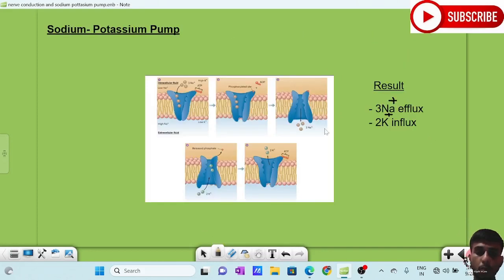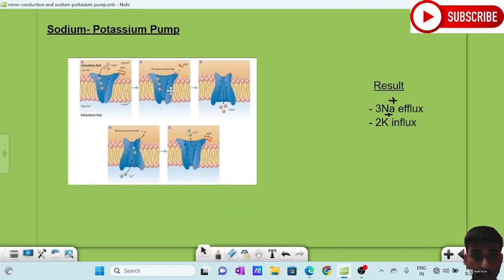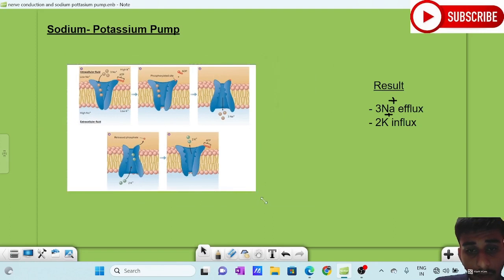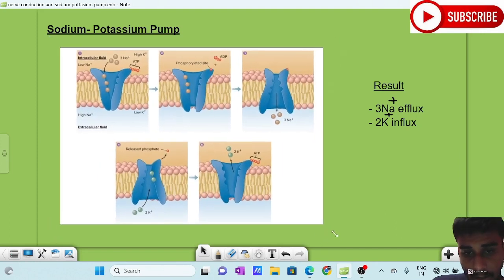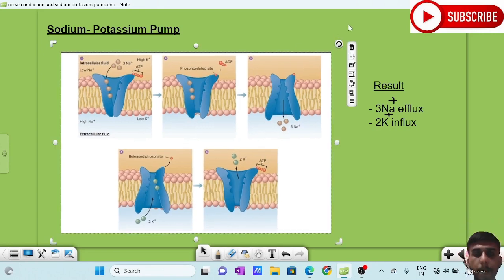Now we are going to study the sodium potassium pump. You should listen very carefully, because it is very important to understand. Okay, so I think you have got an understanding of the three types of movement.